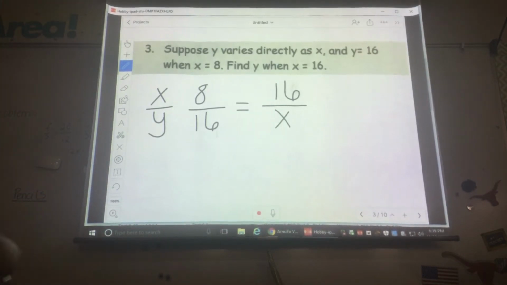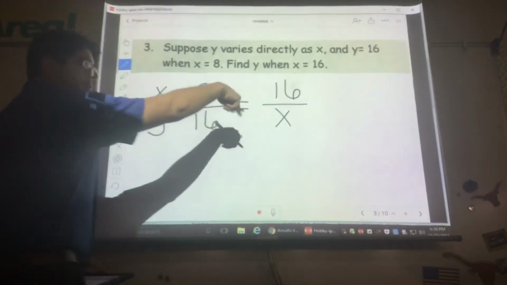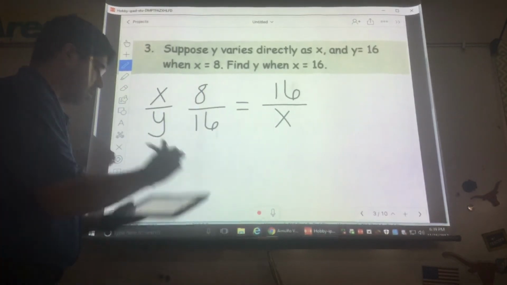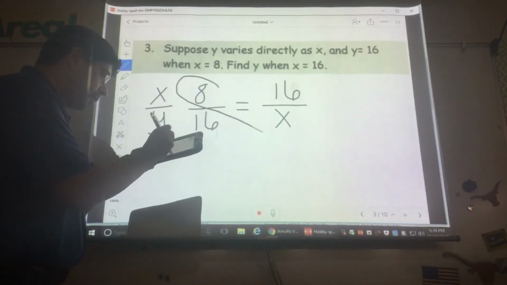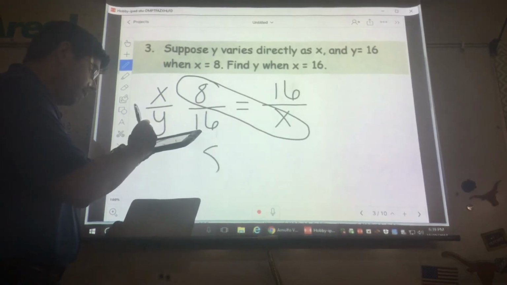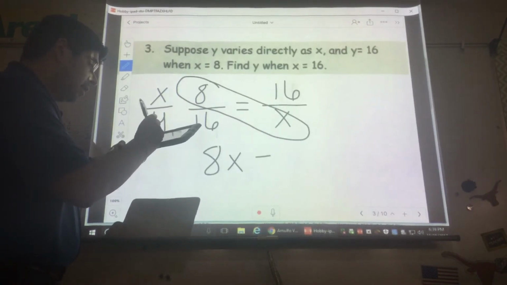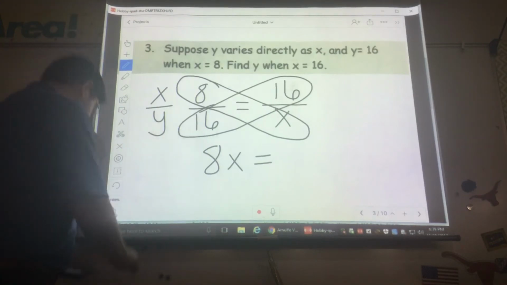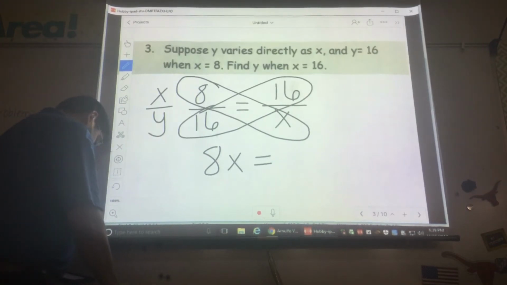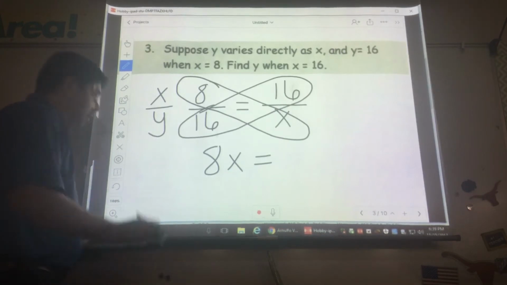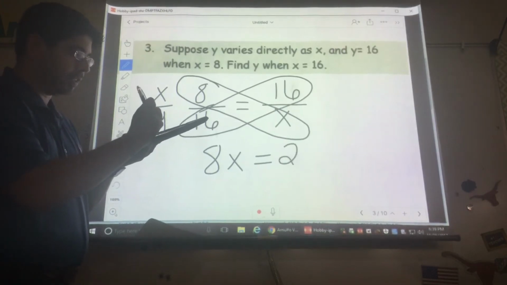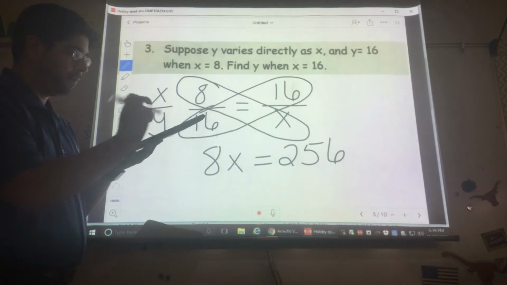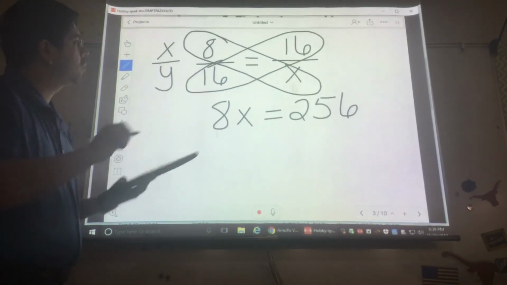Alright, so it's okay that my x is here on the bottom because we're doing the same thing like I said before. So 8 times x, what we'll do first, gives me 8x, and then that equals 16 times 16. We get 256. Let me move this up some. Okay.